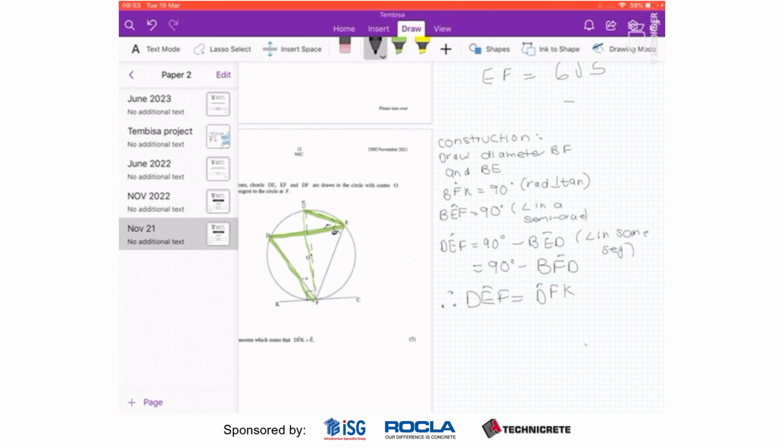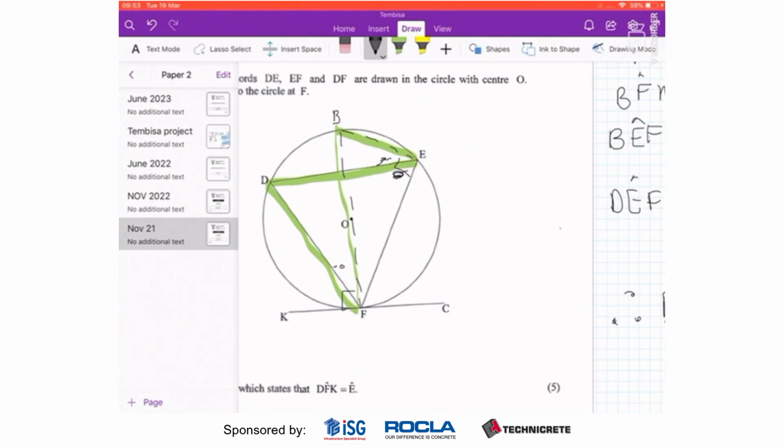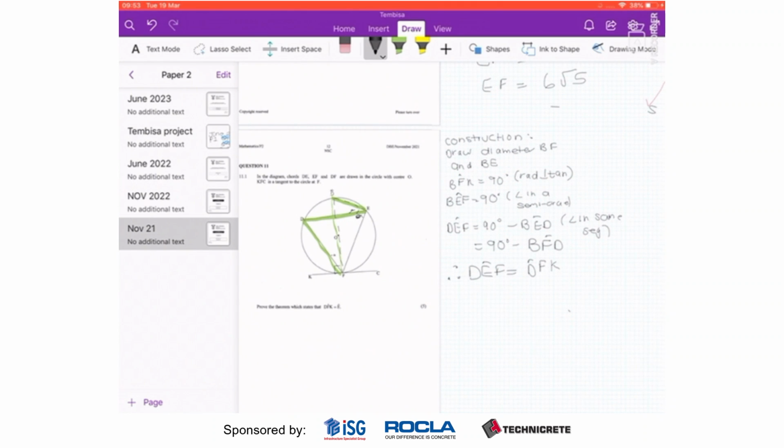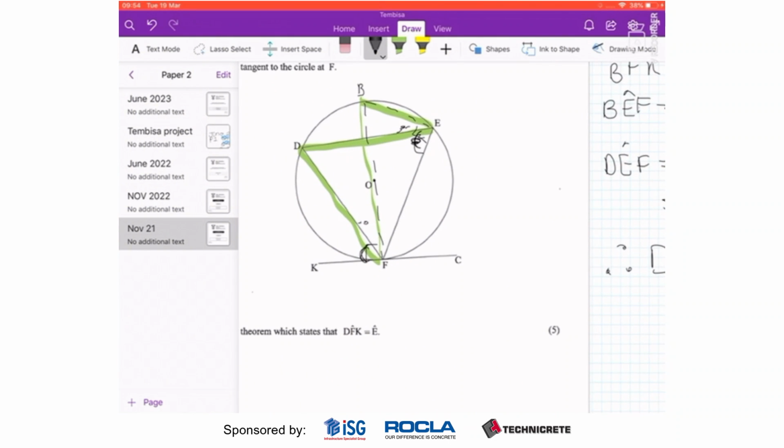Okay, I hope you understood that. Here is DFK, which is what we are proving is equal to the interior angle. Let's go through it again. We constructed the diameter BF and we connected BE. We said that this angle BFK was 90, but we're not looking for BFK, we're looking for DFK.